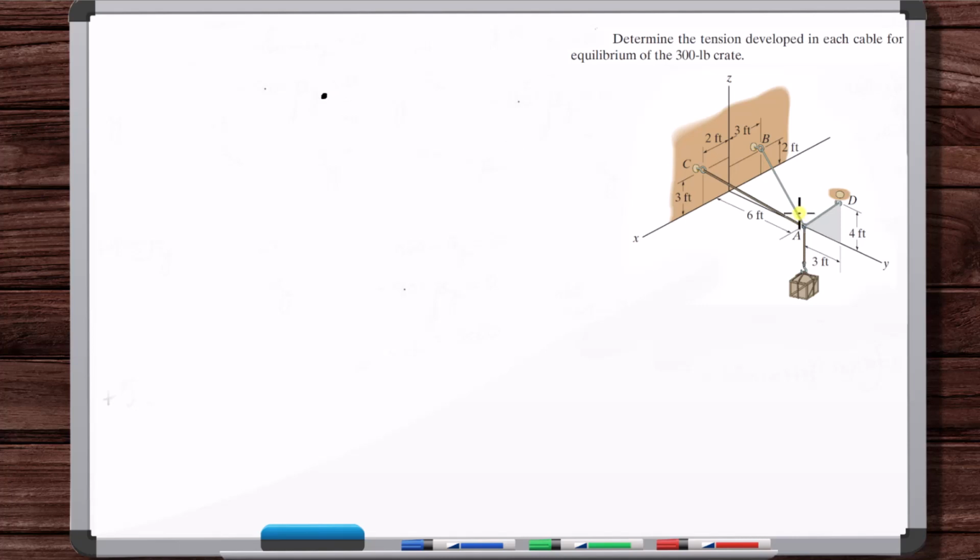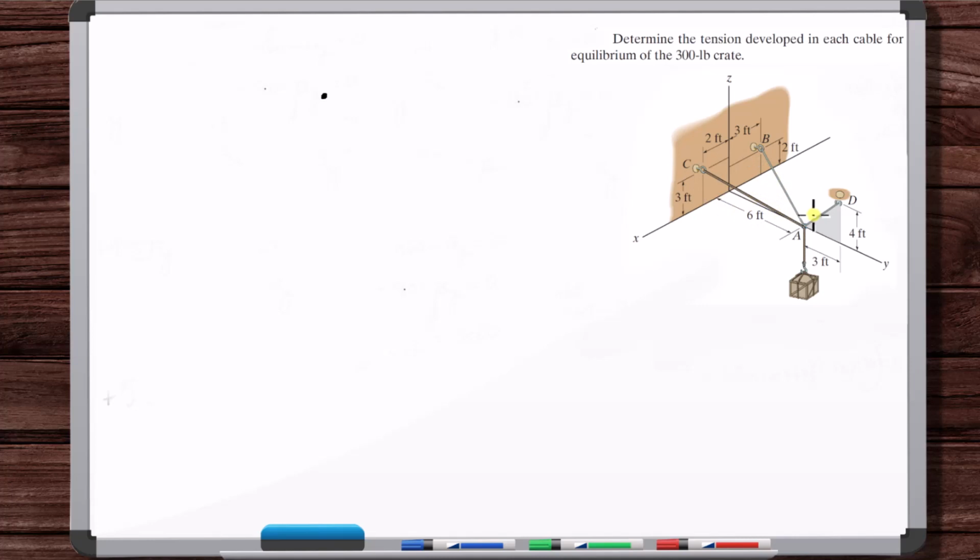So for this type of problem, where you've got a system of cables, you can typically find 2 parts of the system. One part is like the working part. So this is holding the crate. The other part is associated with the grounds, where the structural part is attached to.